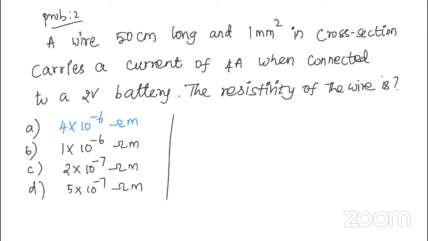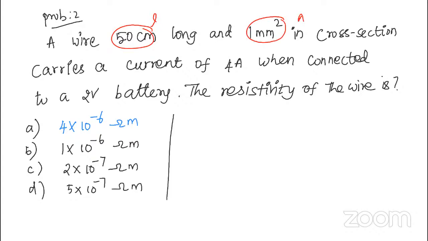Okay. So first you should notice what values they are given. Okay. So ennenna values they are given nrathu note pannikalam. So length oda value they are given. Okay. So here it is length, that is L, and here it is area, that is A. Okay.